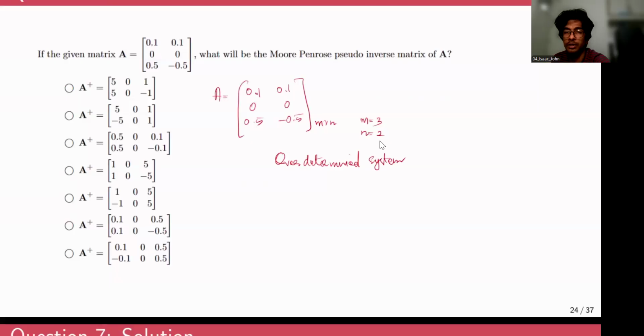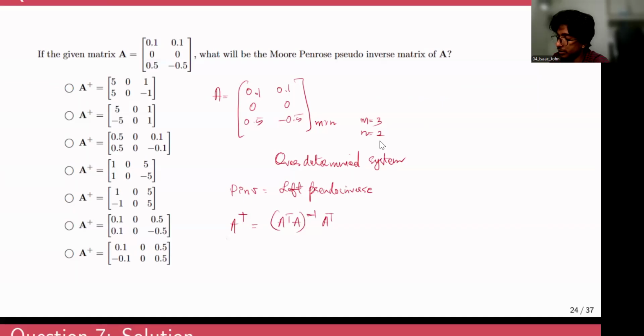And the appropriate pseudo-inverse of matrix A, or P inverse, is the left pseudo-inverse. To figure out the left pseudo-inverse, the correct expression is: the pseudo-inverse of A is (A transpose A) inverse times A transpose.